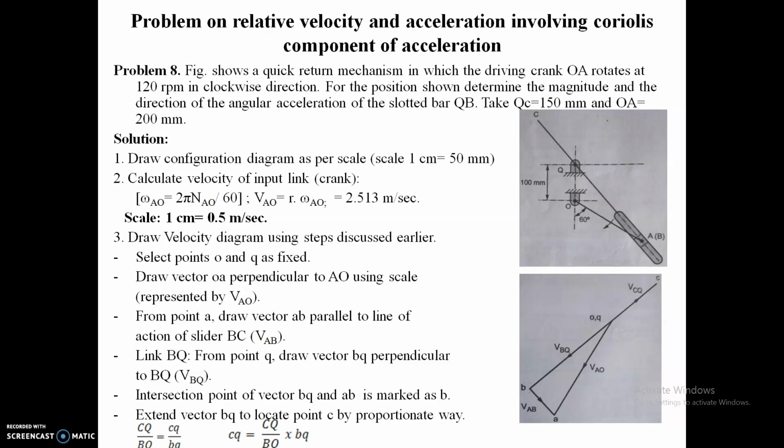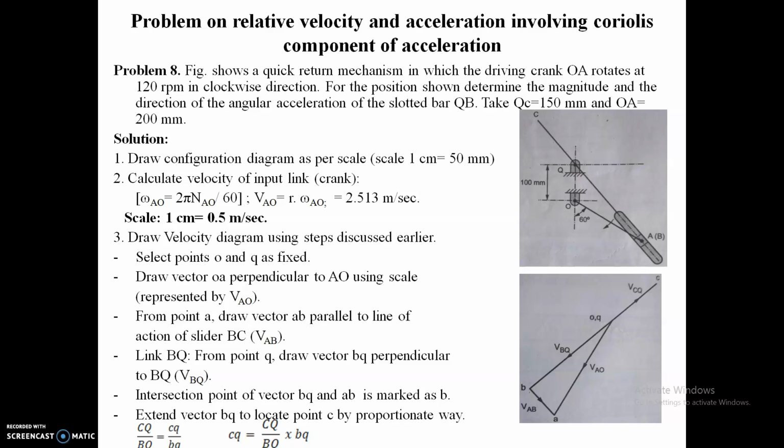Now the change is only in the velocity polygon: you have to determine the velocity between A and B. A is the point on the crank OA, and B is the name of the slider which is sliding along the slotted bar. The slotted link is moving while the slider is sliding.